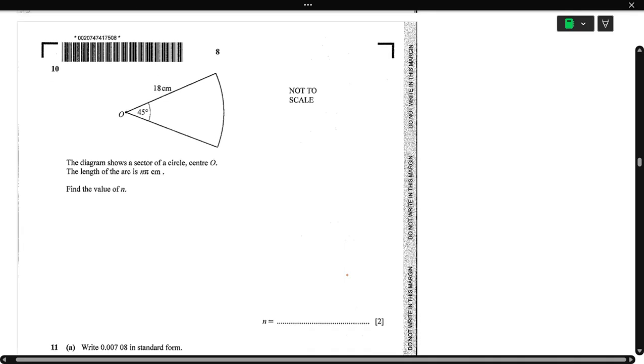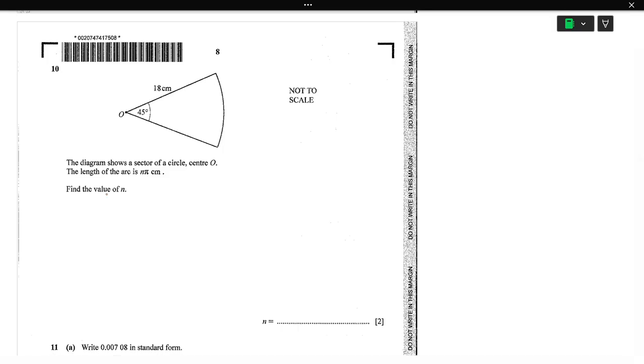Next, question 10. The diagram shows a sector of a circle center O. The length of the arc is n pi centimeter. Find the value of n. So the arc length formula is theta over 360 times 2 pi r.